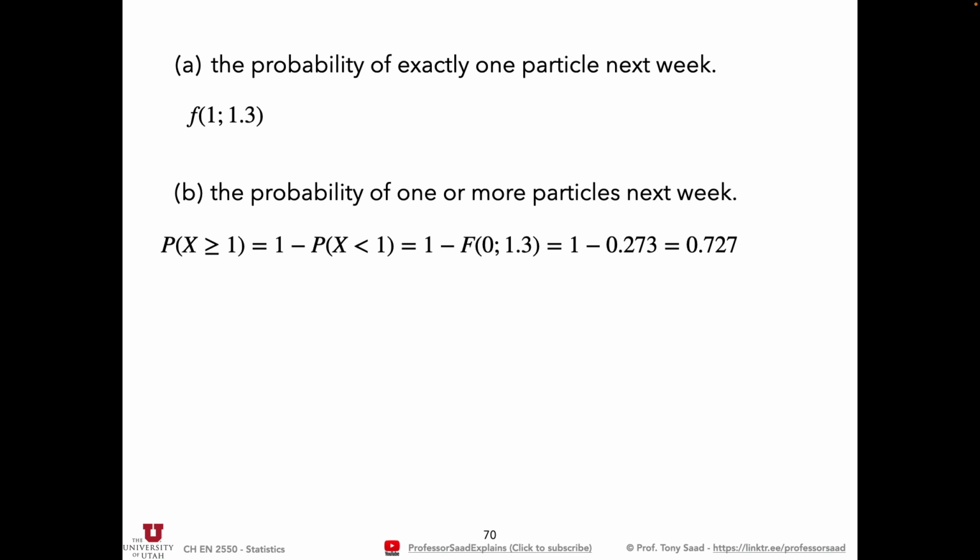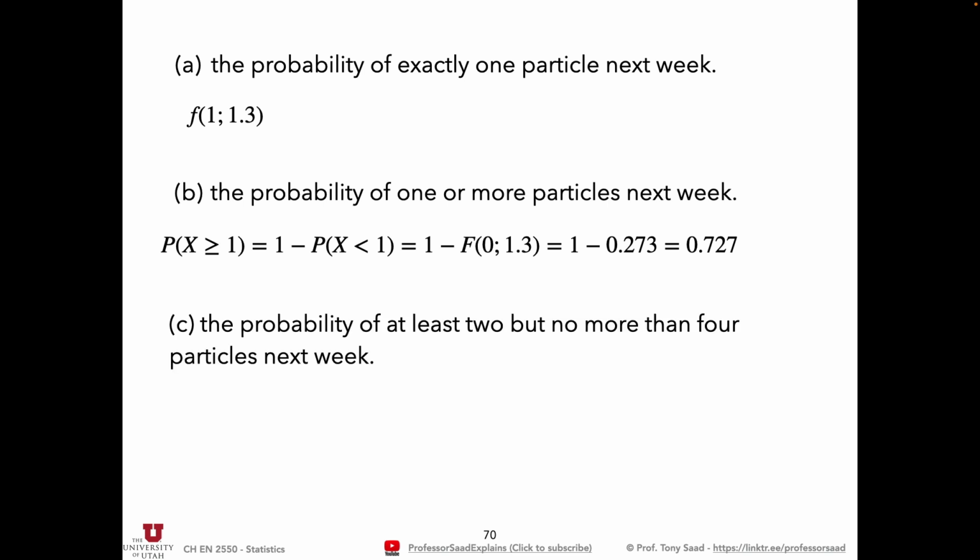Now remember, the cumulative only does x less than or equal to something, so we need the complement. This would be the complement of P of less than 1 strictly, so that's cumulative exactly at 0. That's 1 minus f at 0, and you get about 72 to 73% chance of getting 1 or more particles next week.